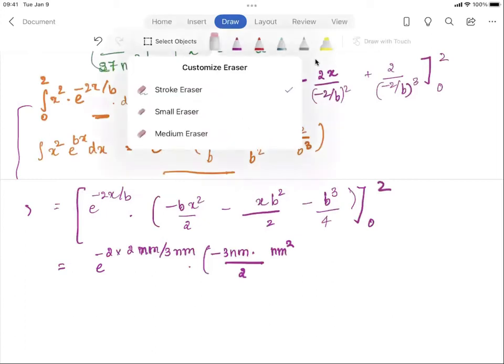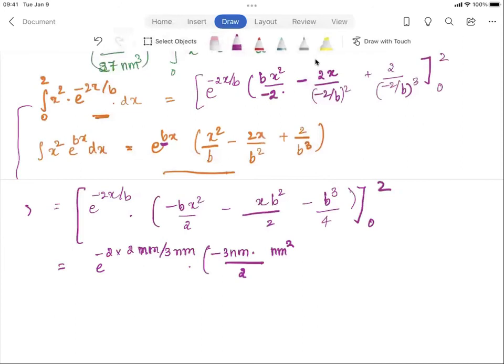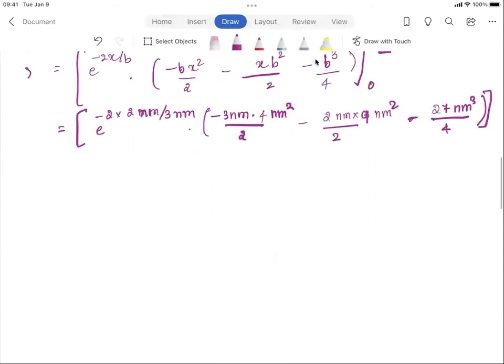It's not 2, it's going to be 2 squared. So you have a 4 minus 2 nanometers times 3 squared is 9, minus 3 cubed is 27 nanometers cubed by 4. Now from this big value, we are going to subtract.